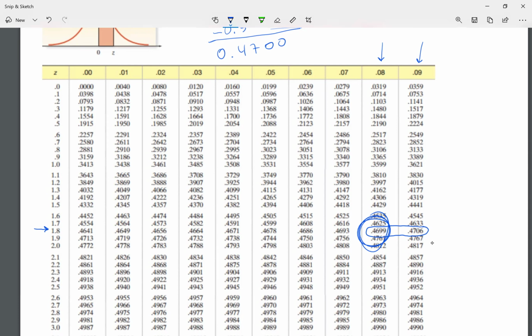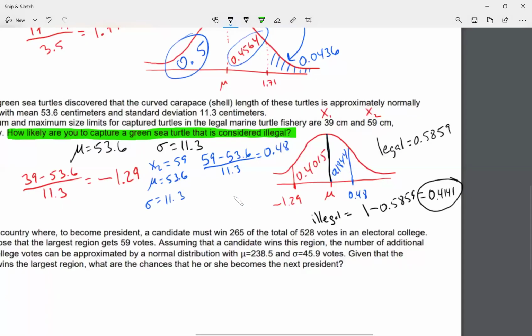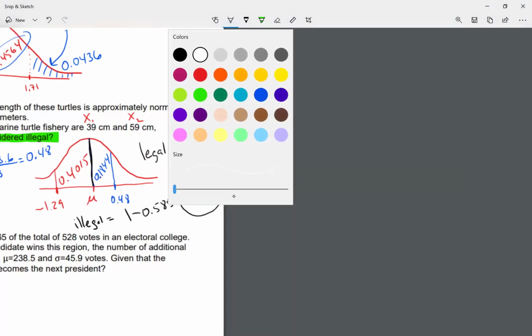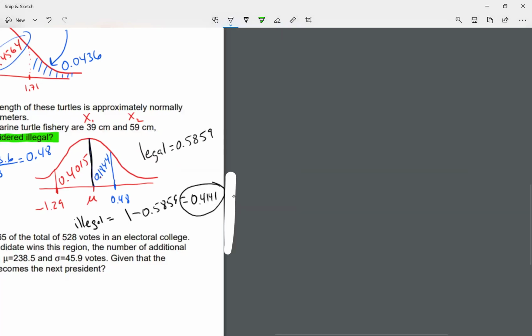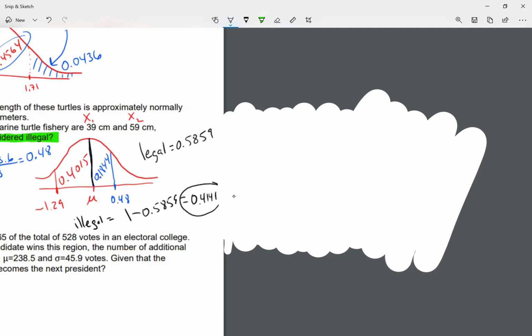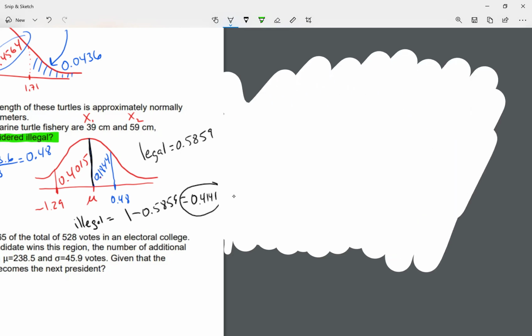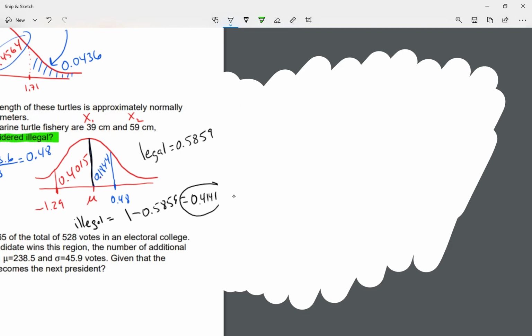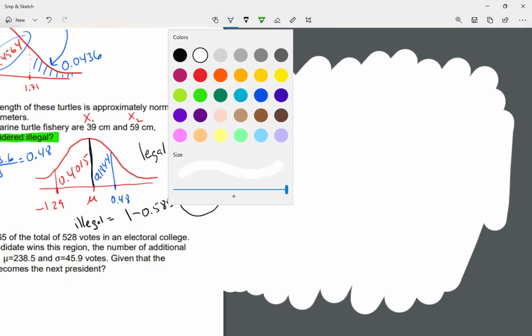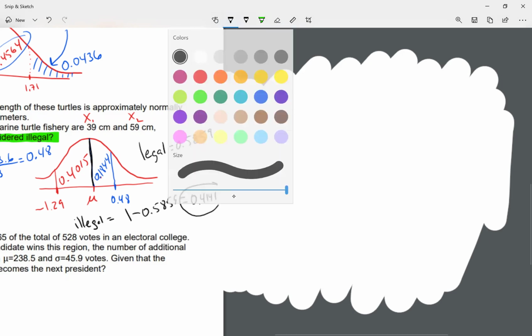Okay. Let me come back here. Let's open up some room here on the side. Let me see. I'm erasing this real quick.